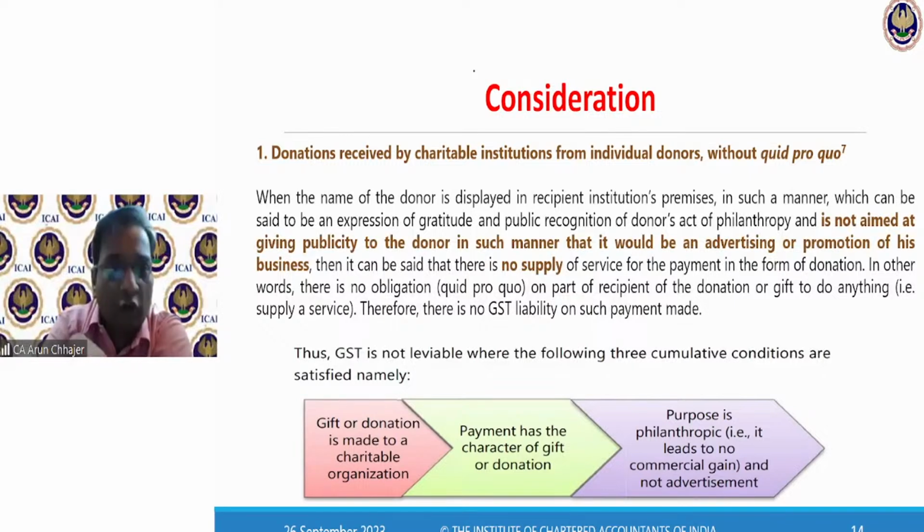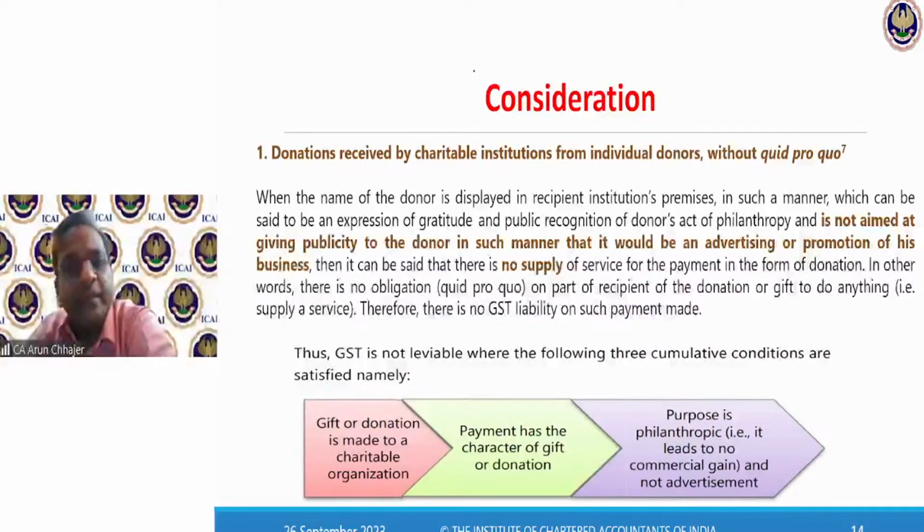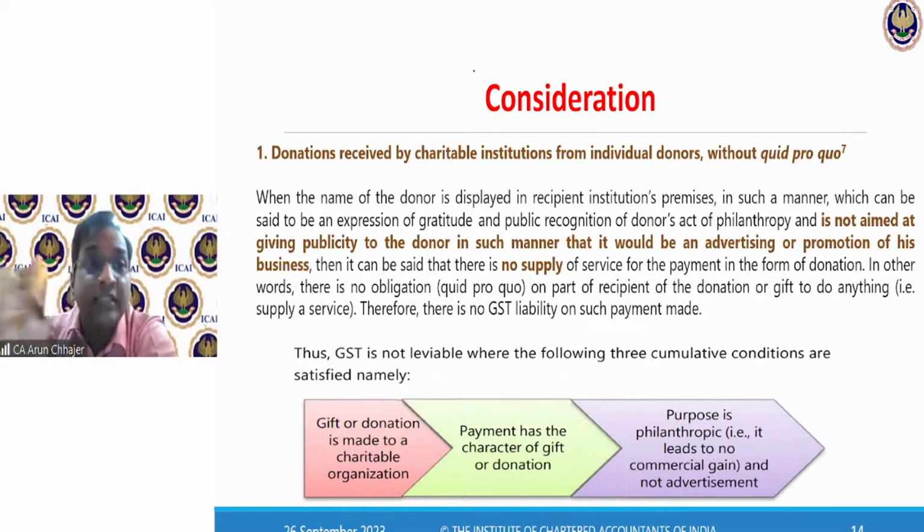When the name of the donor is displayed in the recipient institution premises in such a manner which can be said to be expression of gratitude and public recognition of the donors, and is not aimed at giving publicity to the donor, such that it would not be advertising or promotion of business, then there is no supply because there is no reciprocal agreement.